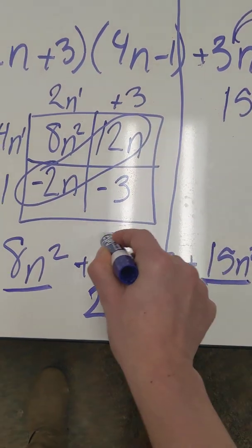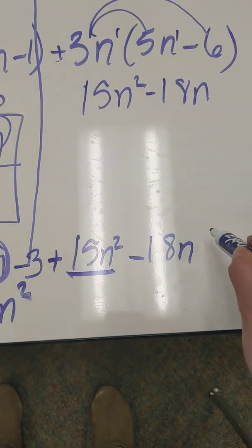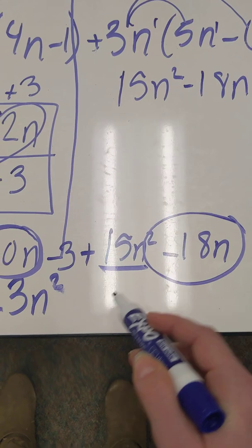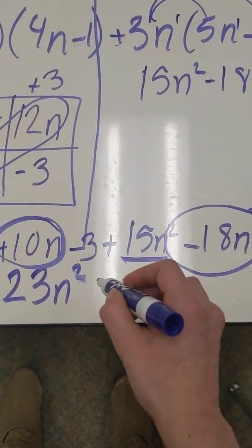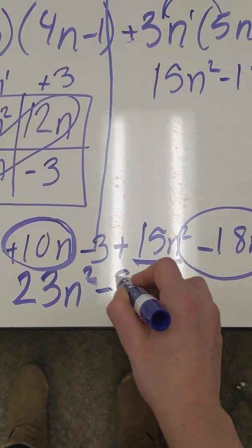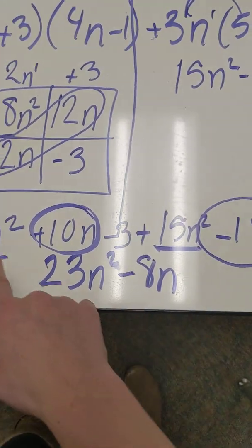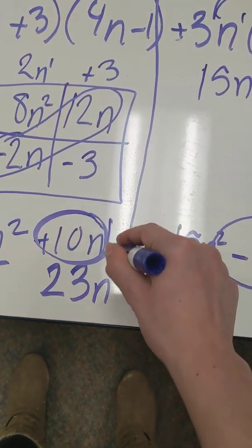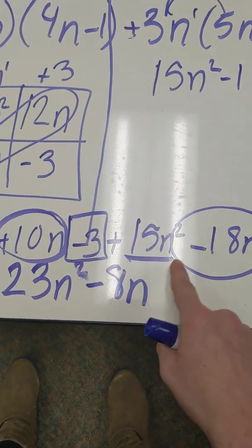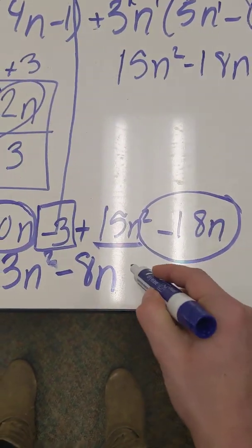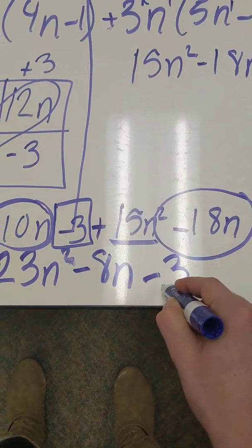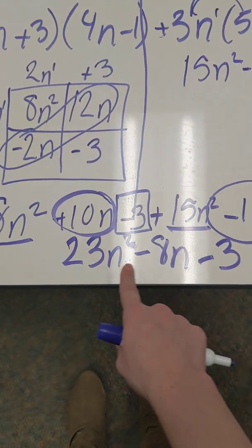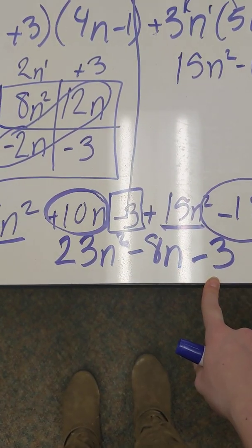Then I have 10n and negative 18n. 10n and negative 18n is negative 8n. Dealt with that one. Dealt with that one. I have a negative 3. I've dealt with that one. I've dealt with that one. No like terms. So minus 3. So 23n squared minus 8n minus 3 is your answer.